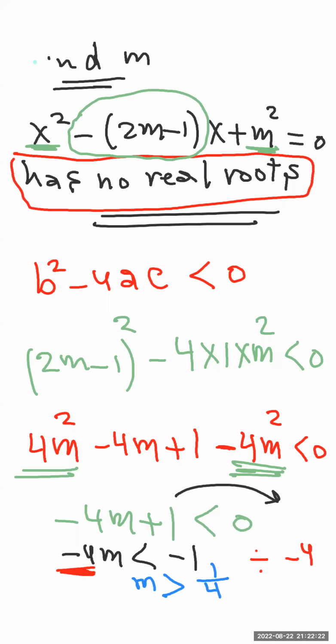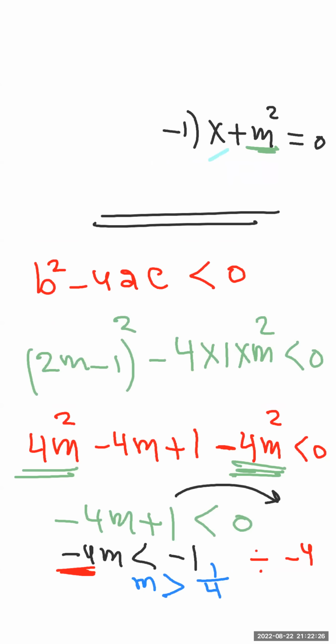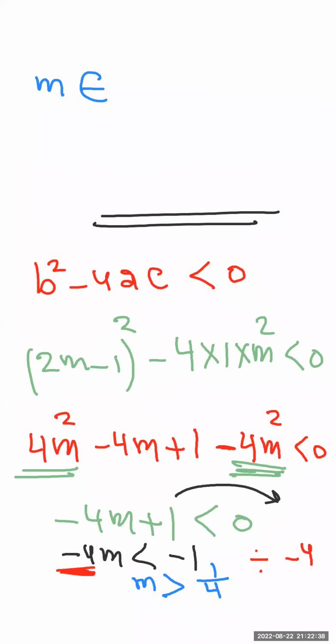I'm going to clear this part. No need for this now. Now we got that m greater than quarter. So m belongs to the interval. It's greater than quarter, so quarter and positive infinity.